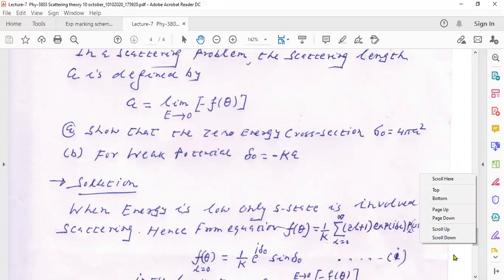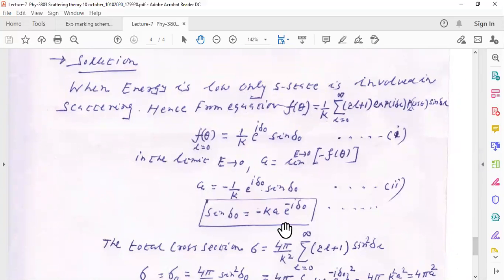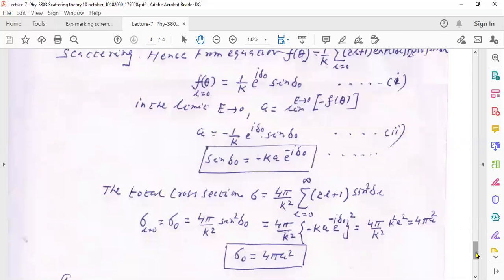Now we calculated this, so we know sin δ_0, right? Now the total scattering cross section formula is known to you: 4π/k² Σ(2l+1) sin²δ_l, right? This you know. And for low energy scattering, l is equal to 0, so σ_0, because we want to calculate low energy scattering and we want to calculate σ_0.